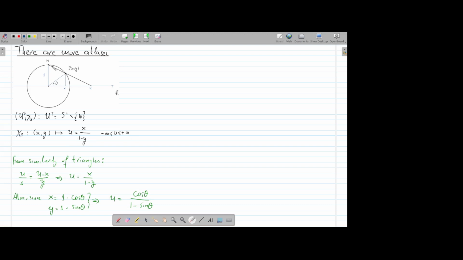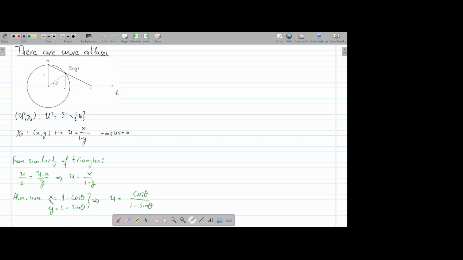Now, as the point P moves on this quadrant of the circle, we start from this point, U equal to 1, and as we move around, this point U moves away to infinity as P is approaching N. So you see this coordinate system is not well defined when y approaches 1. There's no problem with any other point of the circle though. So this chart covers the whole circle except the North Pole N.